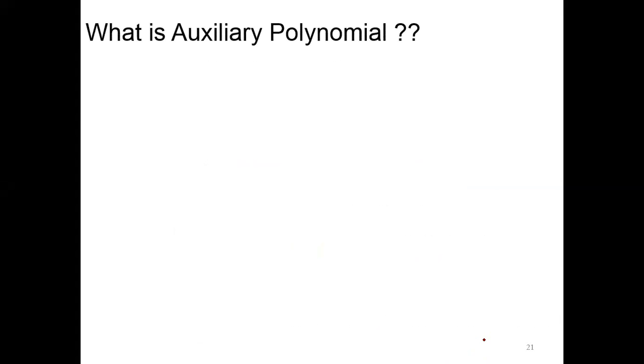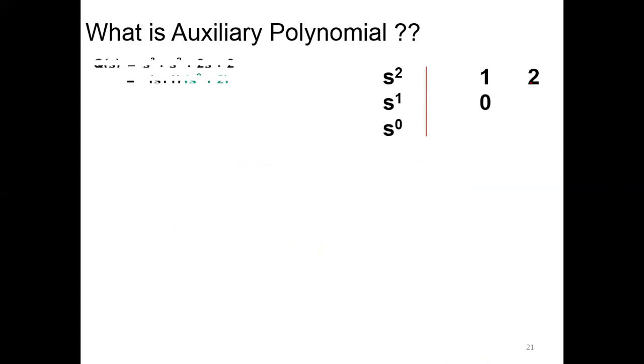What is the auxiliary polynomial? In this case, we have s square plus 2 as the auxiliary polynomial. We have a polynomial s cube plus s square plus 2s plus 2.